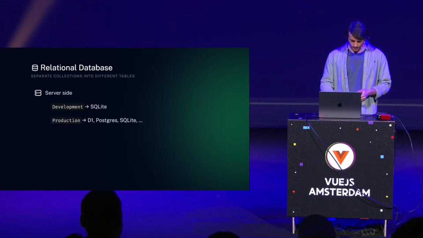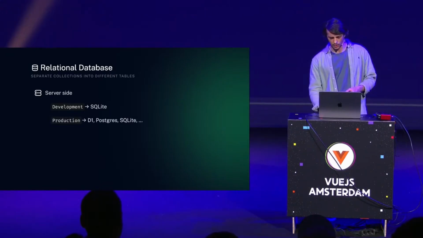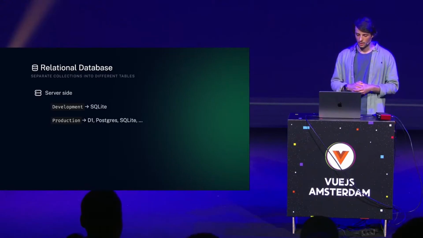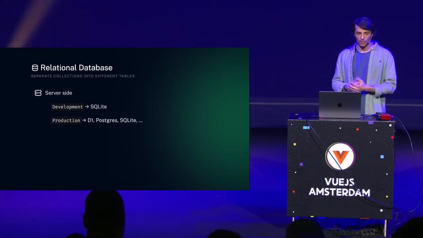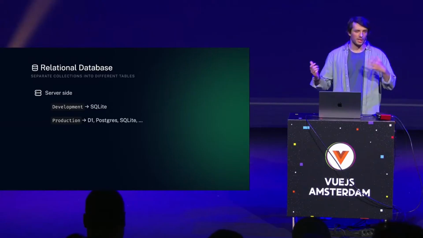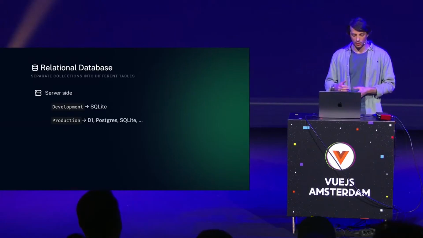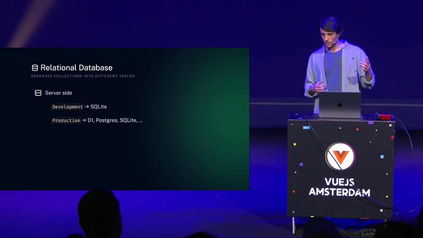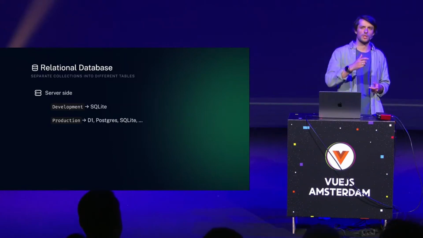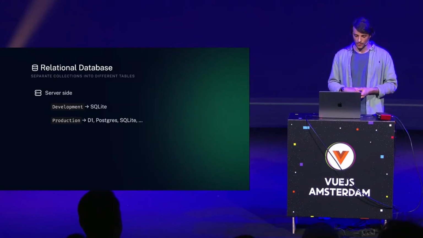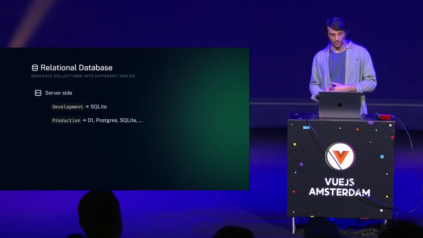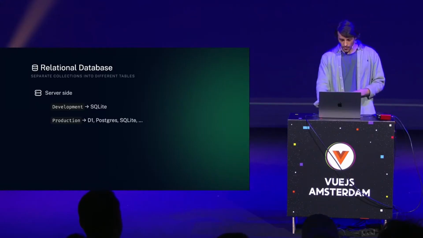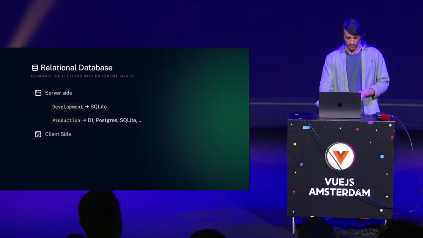However, in production, we support several relational databases, so you can adapt it to the server or the rendering mode you are using. So if you are using a classical server-rendered application, you can still use an SQLite database. But if you want to deploy it on Cloudflare Workers, you can use the D1 database from Cloudflare. Or if you want to deploy on Vercel, you can use a Postgres database, whatever. You can use whatever database you like.